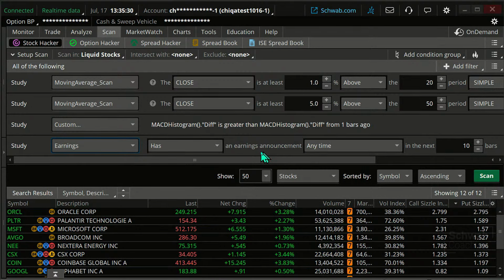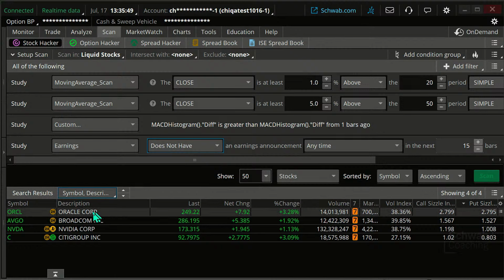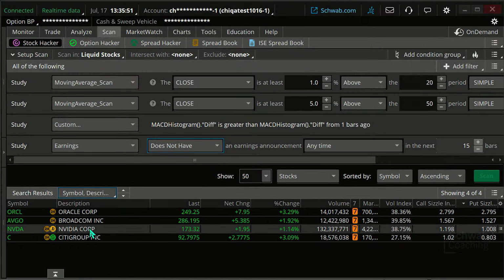No, okay, I don't want that. I don't want it to have an earnings announcement, so I'm going to change that to does not have an earnings announcement anytime in the next 10 bars. Maybe we even say 15 bars. Now, earnings season is upon us, so I imagine the 12 stocks we have may very well be cut down significantly. We've only got 4 of them: Oracle, Broadcom, NVIDIA, Citigroup.